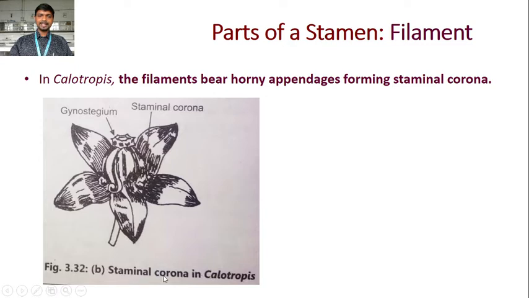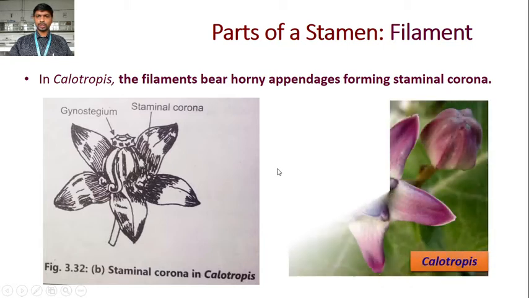It is referred to as staminal corona, C-O-R-O-N-A. What happened here? The filaments bear horny appendages forming a staminal corona. These are the horny appendages seen in the flower of Calotropis.